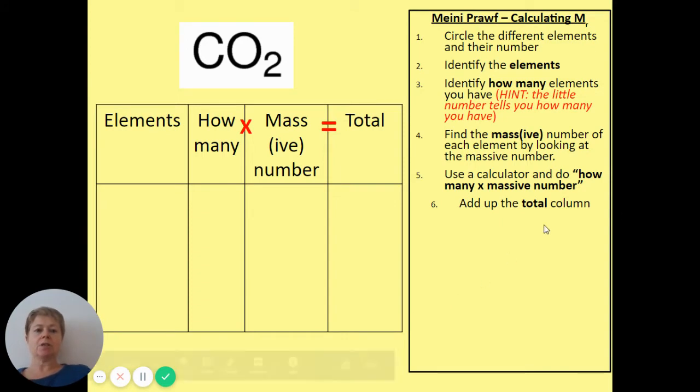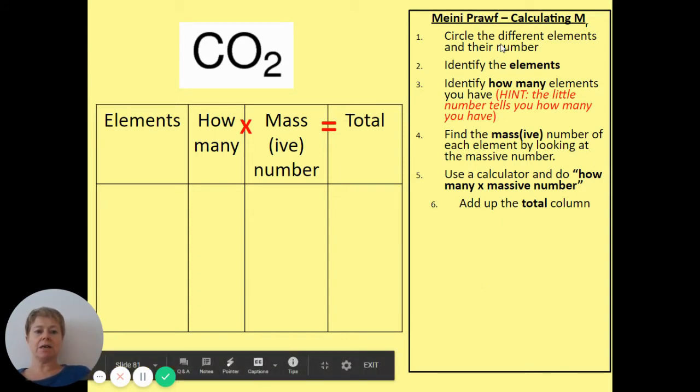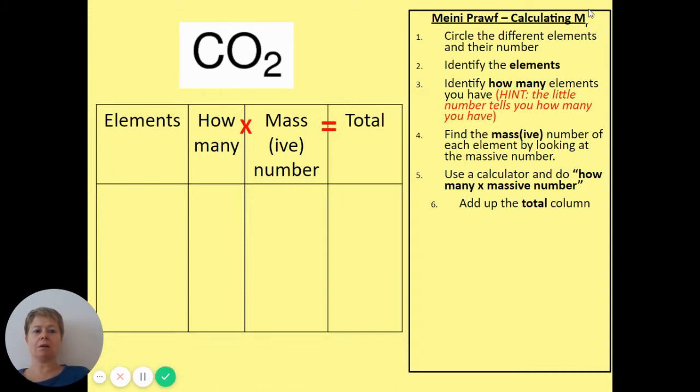There are some steps here on the right. Molecular mass is sometimes written as big M with a little r. So you could put a side heading now: calculating Mr, and that means molecular mass.